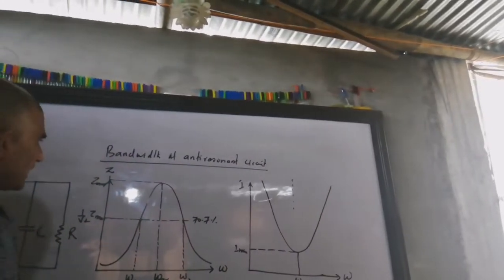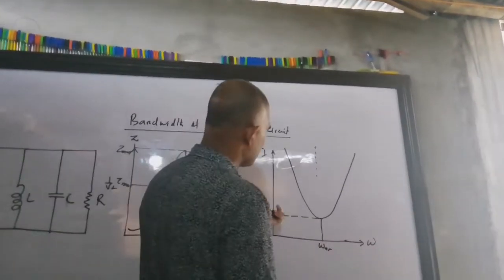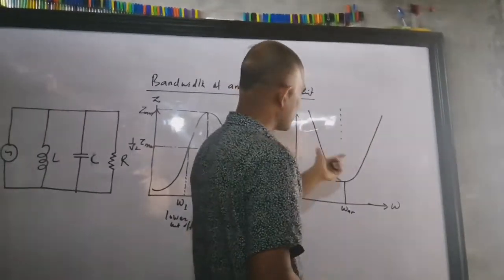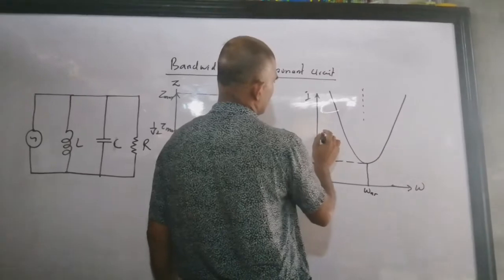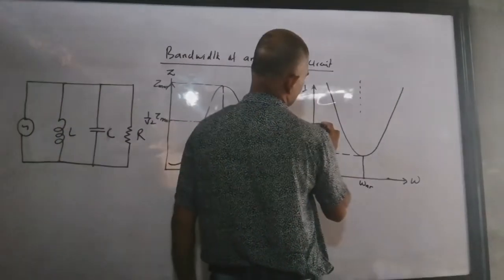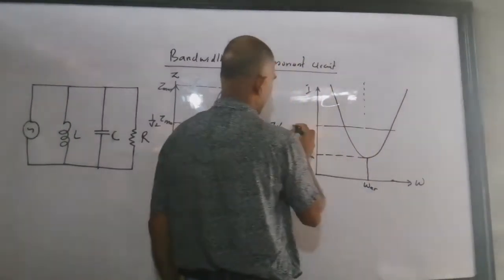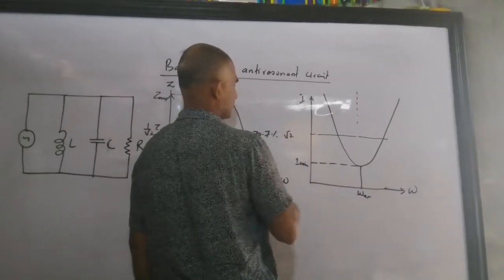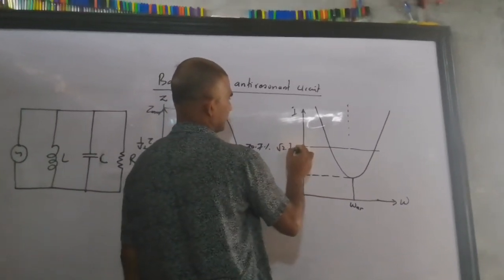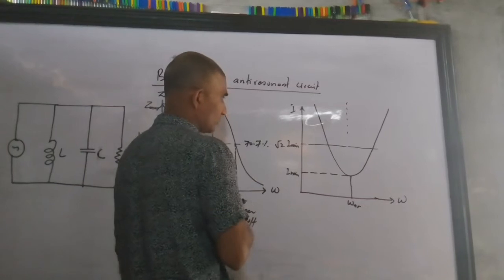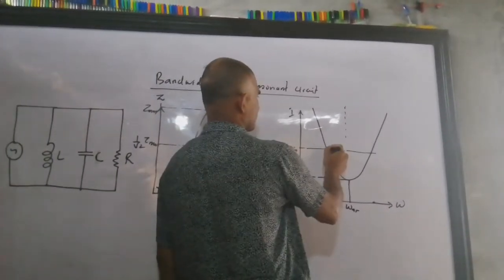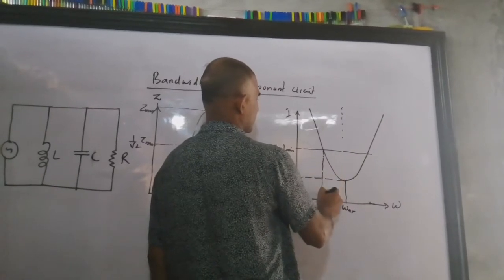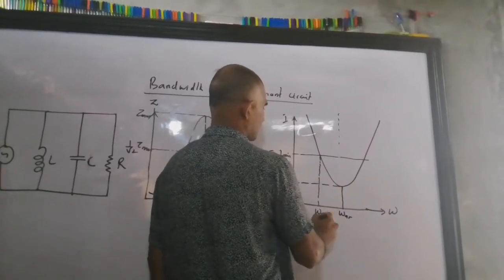Similarly we can see the same thing through the graph of current versus frequency. Here the current is minimum, and we find root 2 times the minimum current. The corresponding frequency here becomes the cutoff frequency.